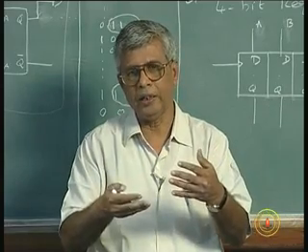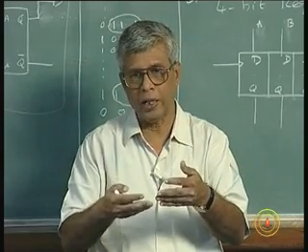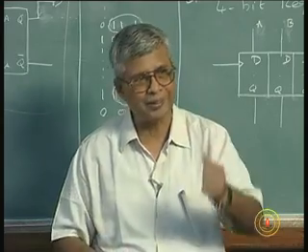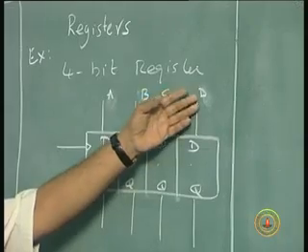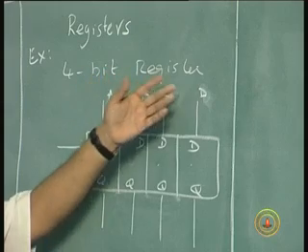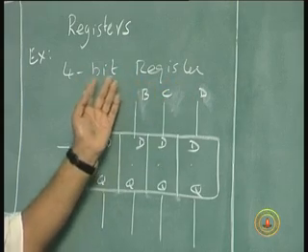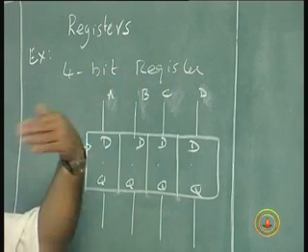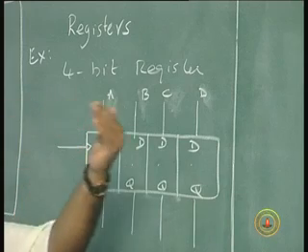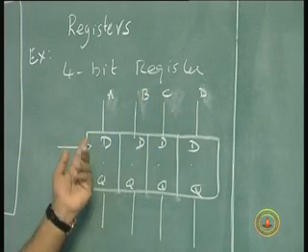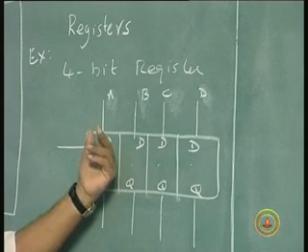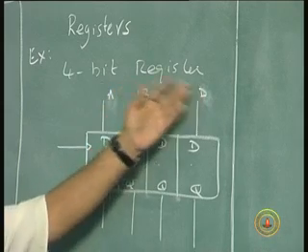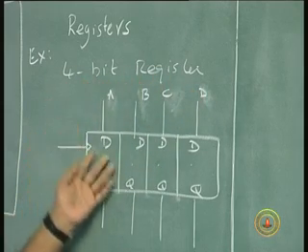You can store it, but I do not want the storage to be removed by the next clock pulse, because the data has been removed. Data has been removed means what? You would have taken other arbitrary values. They can all be zeros, they can all be 1, or there can be any random combination of zeros and 1, and the next clock pulse will overwrite my data. The next clock pulse will put this random junk into my flip flops.